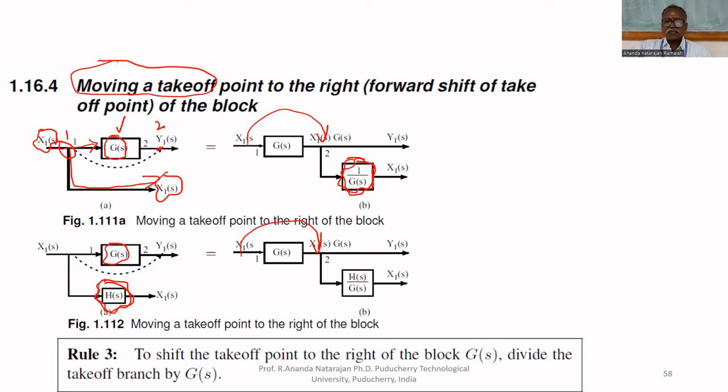While moving that, here it is amplified by G of S. I want to nullify the effect of G of S. That's why I am dividing this by G of S. That's all. This is possible in the frequency domain only. In the time domain, you have to do a convolution integral. Therefore, to shift the takeoff point to the right of the block, divide the takeoff branch by G of S. That is the third rule, rule number 3.